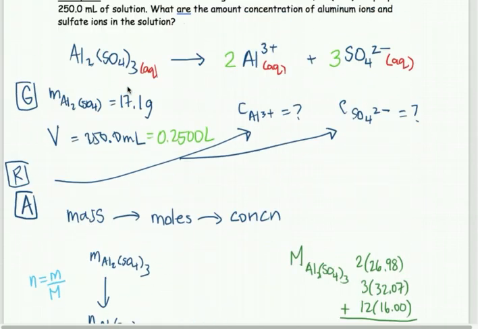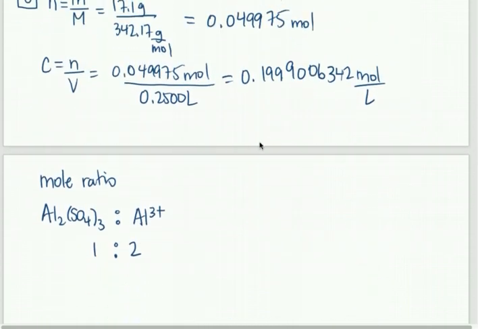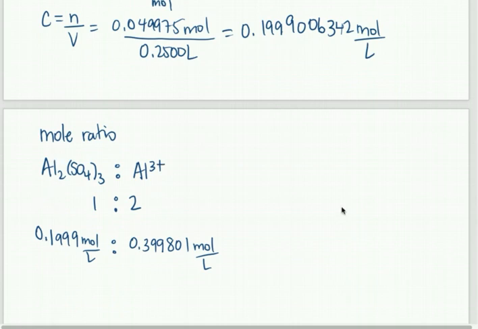So again, going from 1 to 2, that means we have to multiply the concentration that we have here. So if we do that, from 0.0999 mole per liter, when you double it, we get 0.1998 mole per liter, like that. All right, so that's that one.